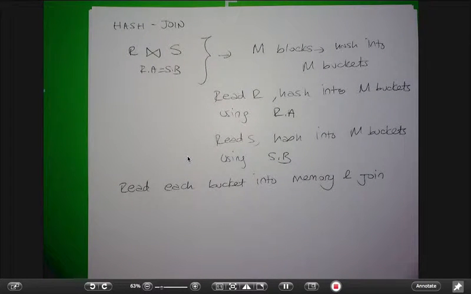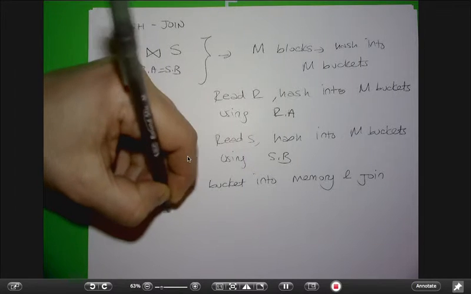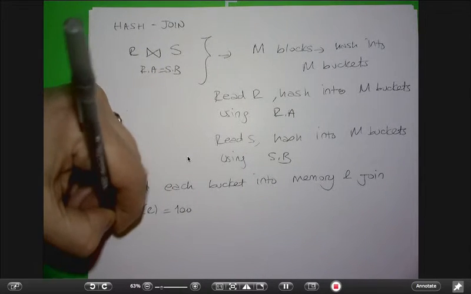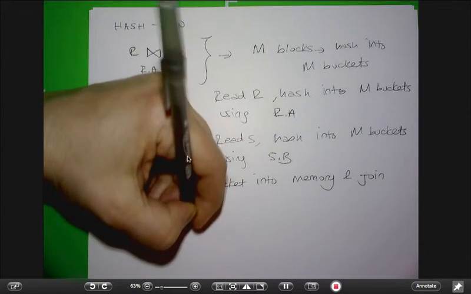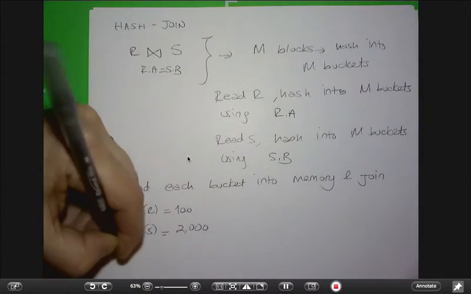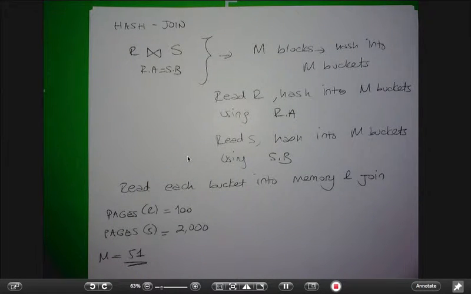Okay. Now the cost of doing that will very much depend on what the sizes are, right? So let's say, for example, let's use the same idea here. So we have pages of R is 100, pages of S is 2000 and M was 51. Okay.